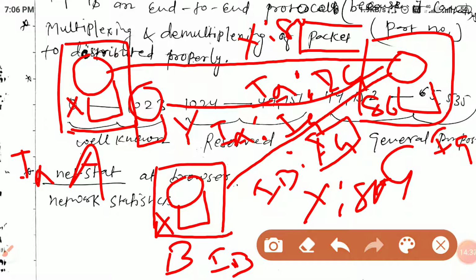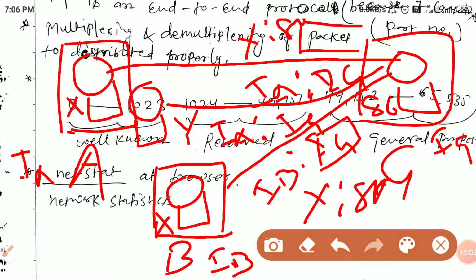Now if I go for the IP address alone, again it is not sufficient, because here ambiguity happens. So to resolve such problems, we have to use a combination of IP address and port number.